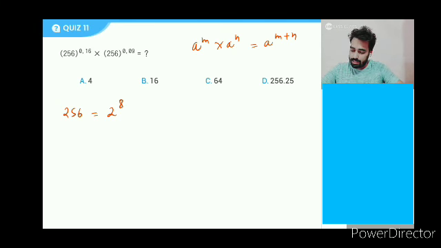Let's start the countdown. 10, 9, 8, 7, 6, 5, 4, 3, 2, and 1.